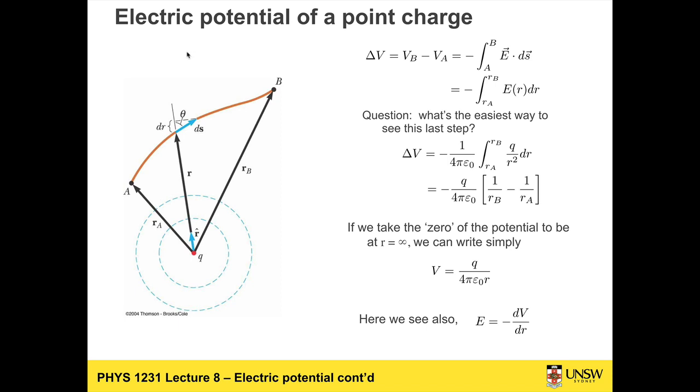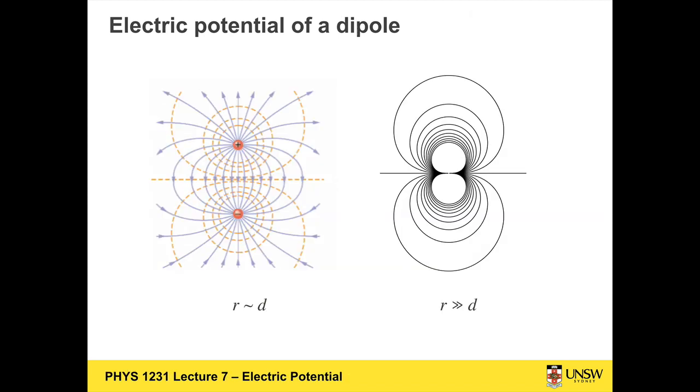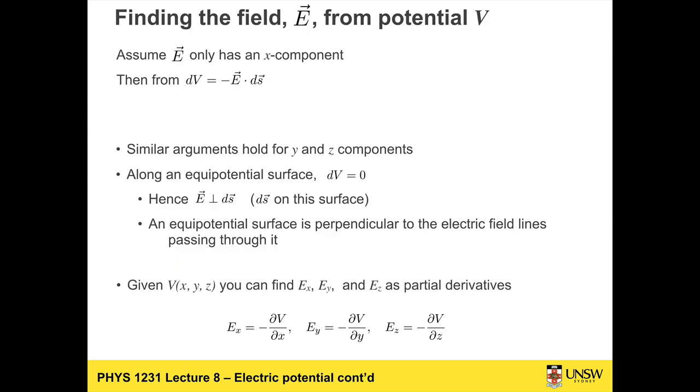Once again, I'll skip through this quite quickly. We showed the electric potential of a point charge, and we showed that the electric field in this particular example is given by the negative derivative of the potential with respect to radius r. And in fact, that's a general property. Again, you can look at the electric potential of a dipole, and we can work that out in detail.